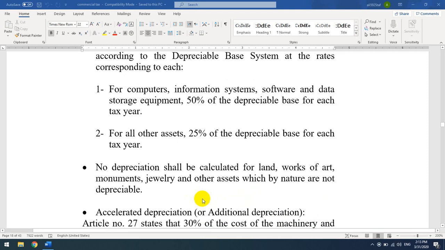This is the way the tax law determines to calculate the depreciation of fixed assets.